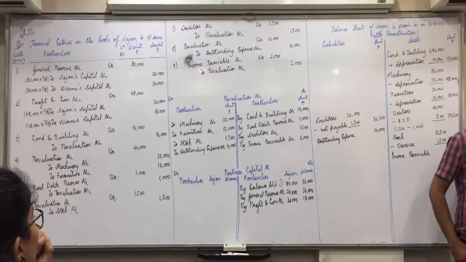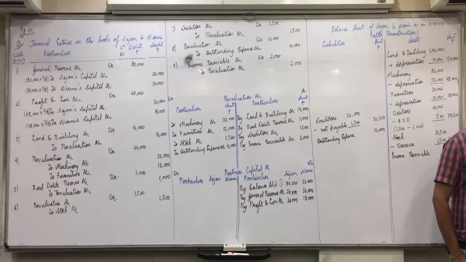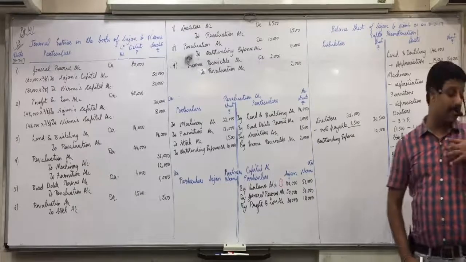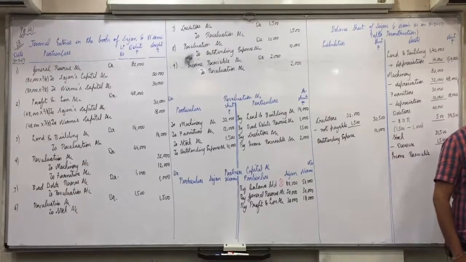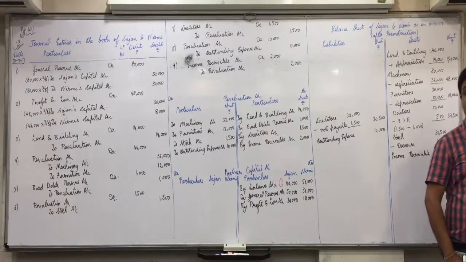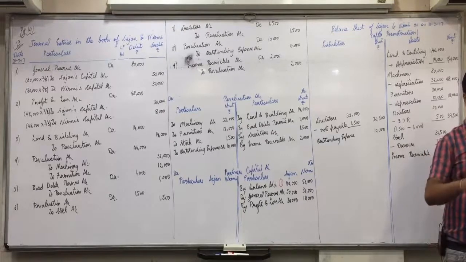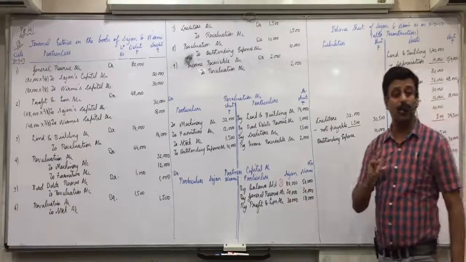Yes. Last adjustment, investment is to be shown at its market value. Now see asset side, investments are 20,000. In bracket market value is 18,000. So it's a loss of 2,000. We have to show it at market value, which means there is a loss of 2,000.